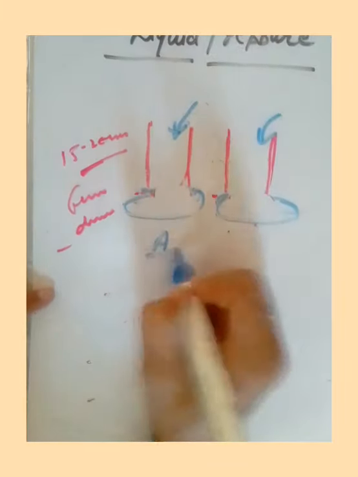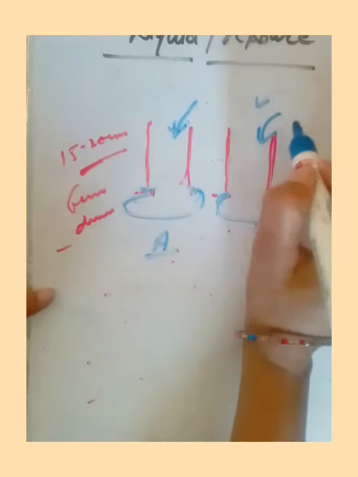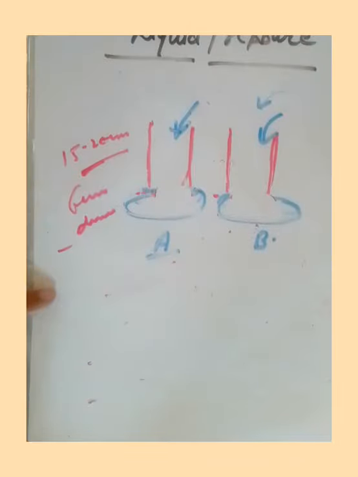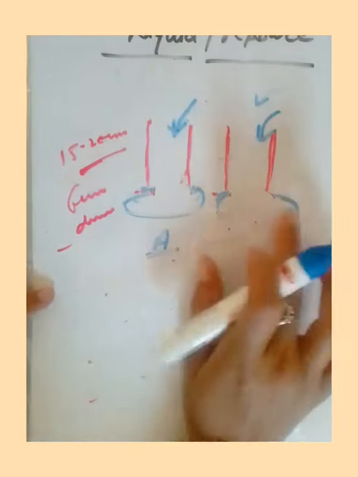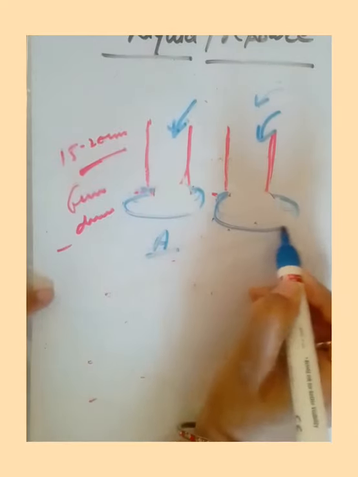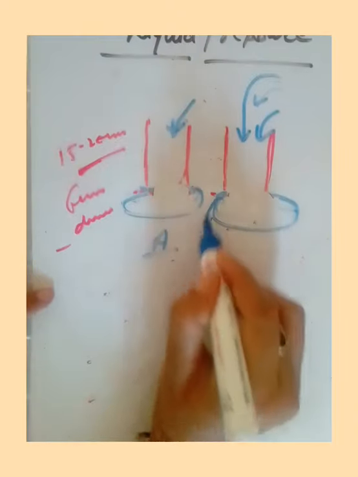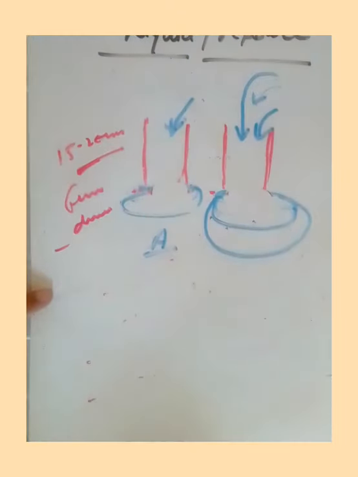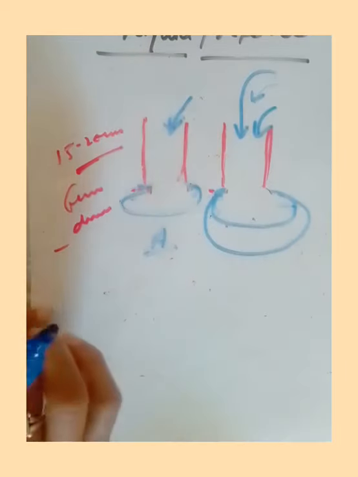For example, this is A and this is B. Now add some more water here. Then what difference do you observe? Here the bulge will start increasing, and if you keep on pouring more and more water, the bulge will keep on increasing. This is a simple observation, and you can perform this activity at home.